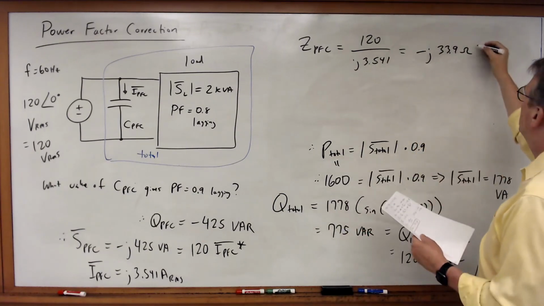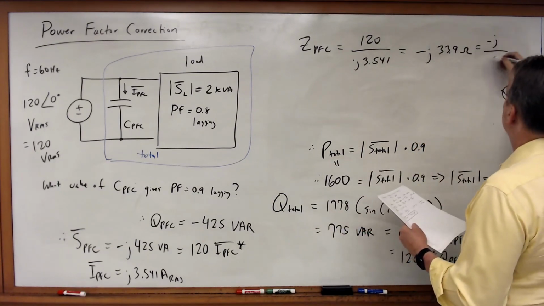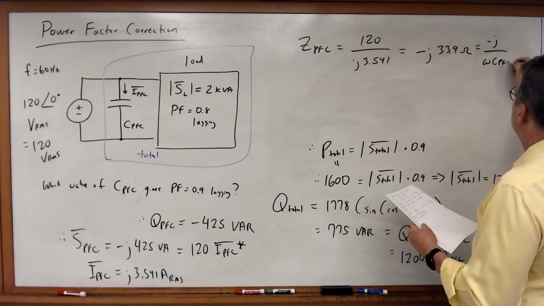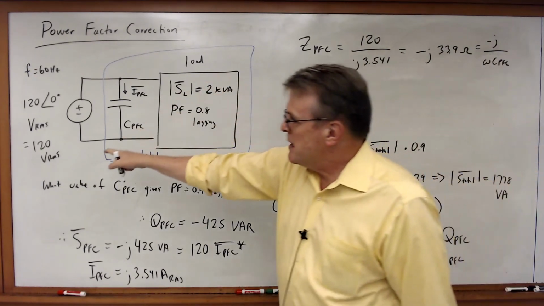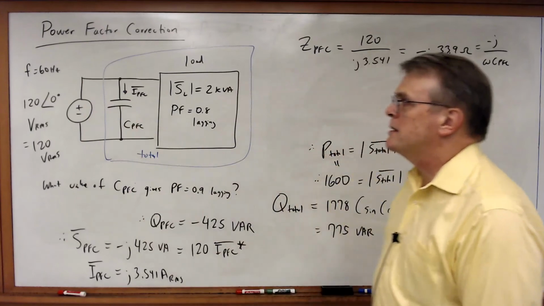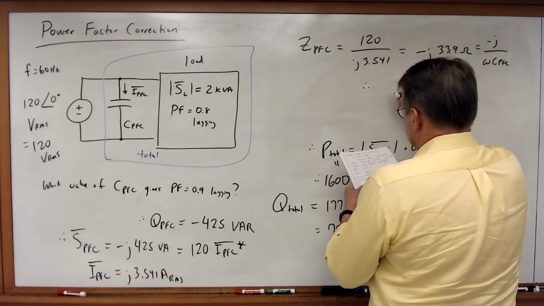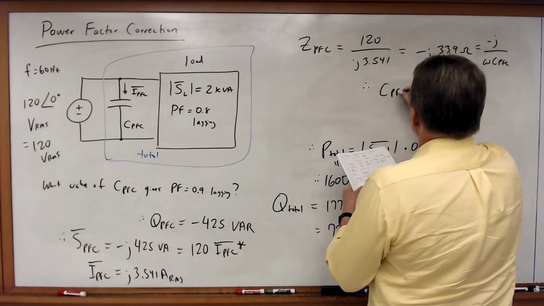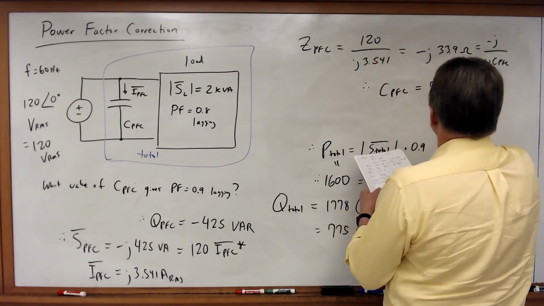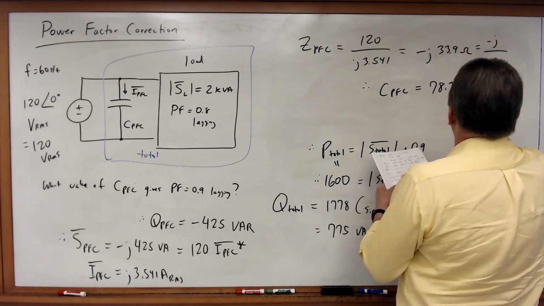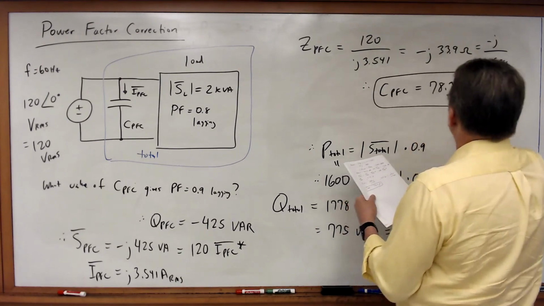And this is equal to minus j over omega CPFC. I still have the same value of omega, 120 pi radians per second. And therefore CPFC will be equal to 78.3 microfarads.